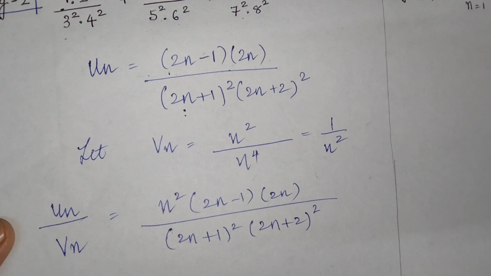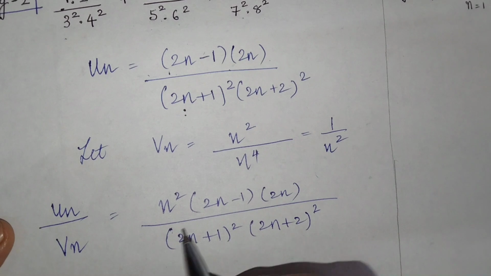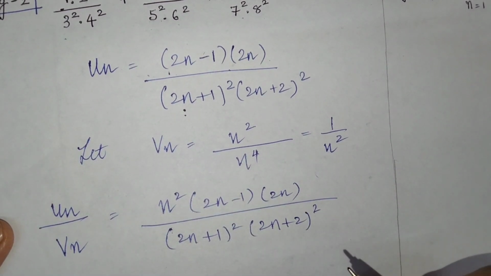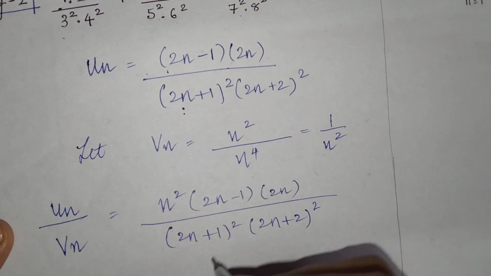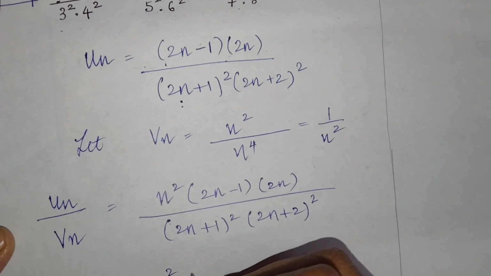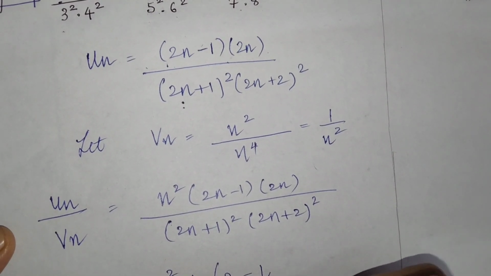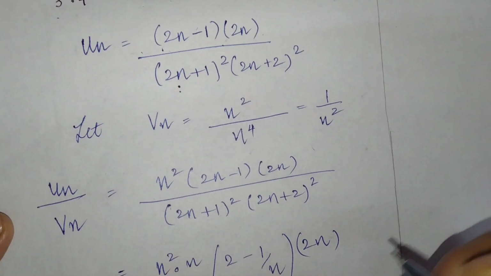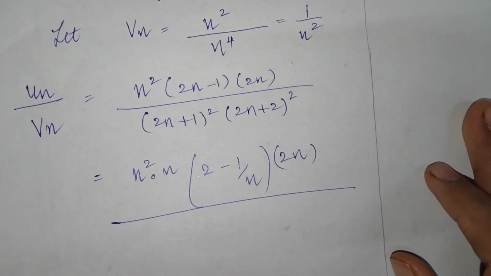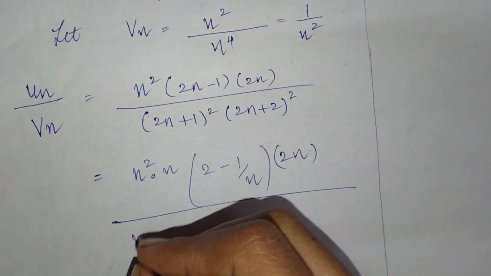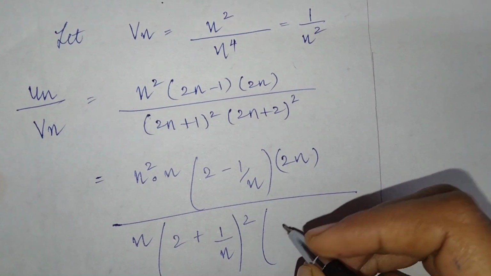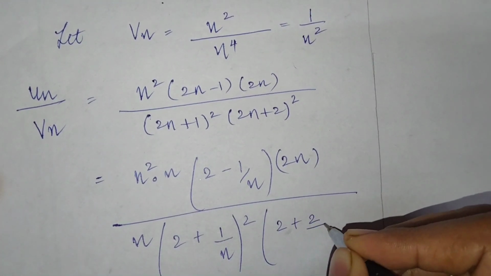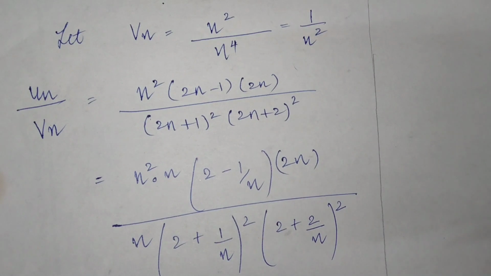So now from this we can take n terms common. So we will get here n square, and again if we take n common from this term, then we will get here (2 minus 1 by n) and into 2n. Again in the denominator part, if we take n common, then we will get (2 plus 1 by n) whole square, and here also (2 plus 2 by n) whole square.